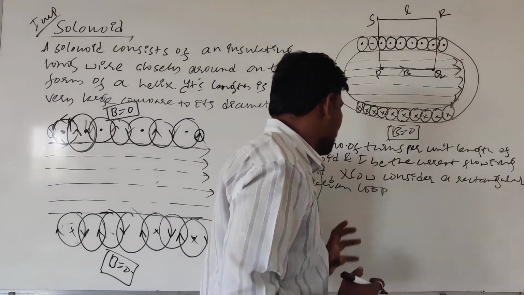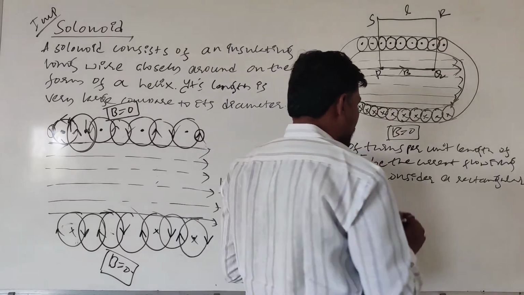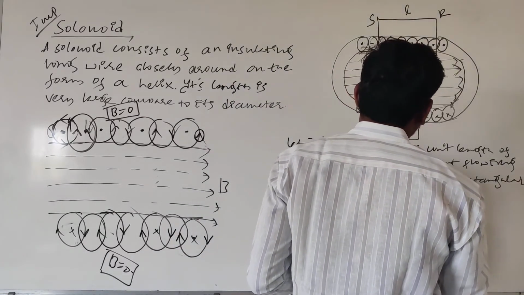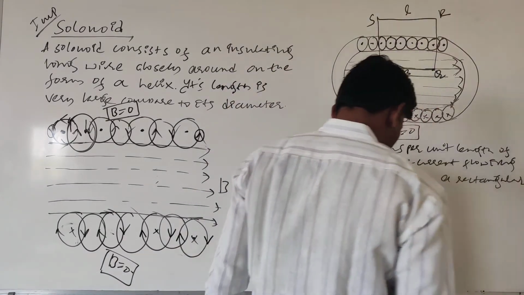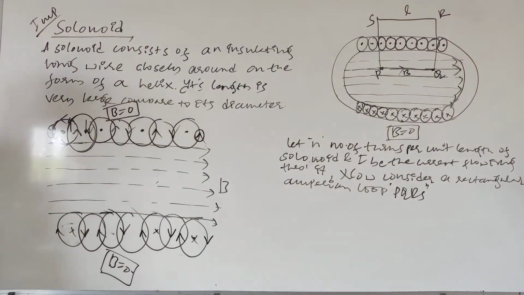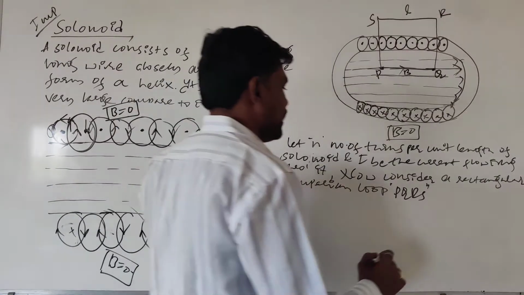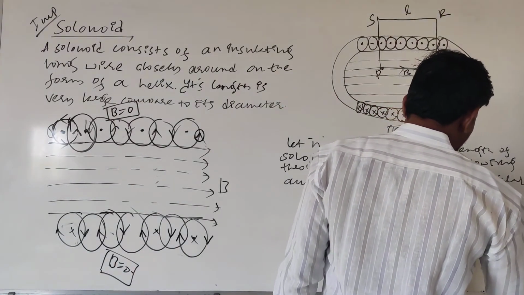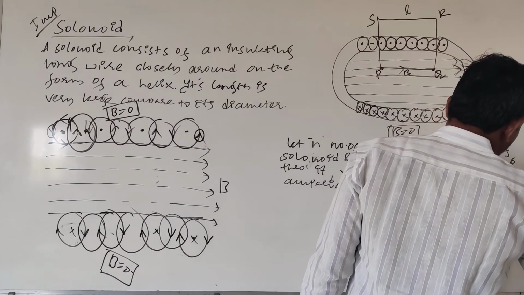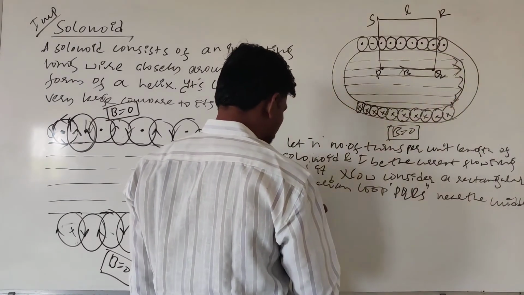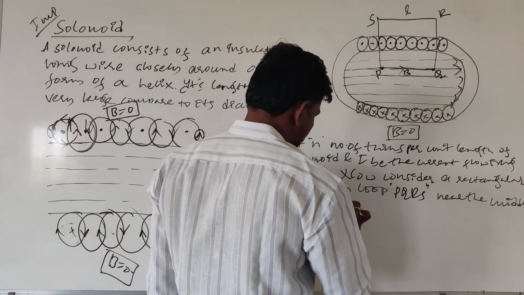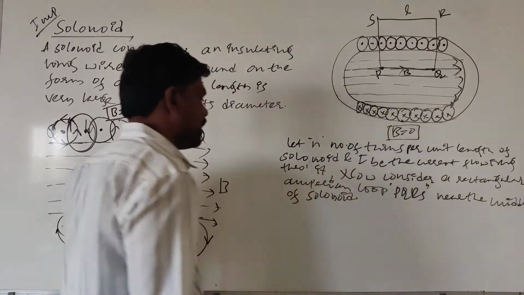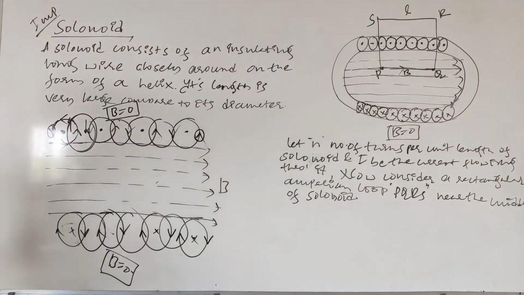Now consider the rectangular amperian loop, that is P Q R S, near the middle of the solenoid. Right?